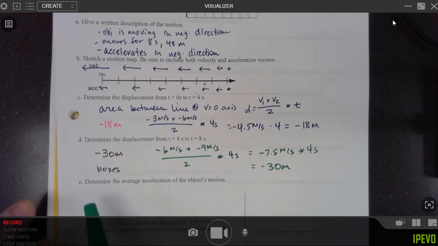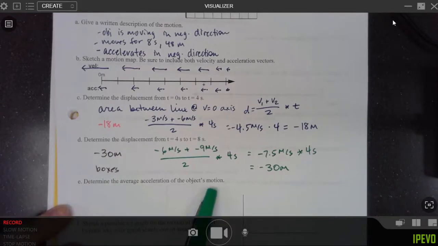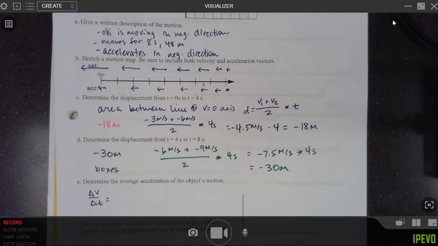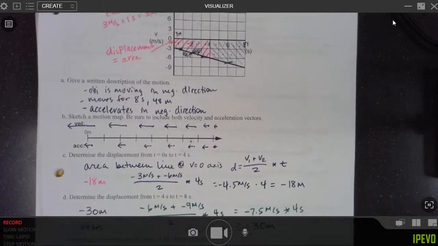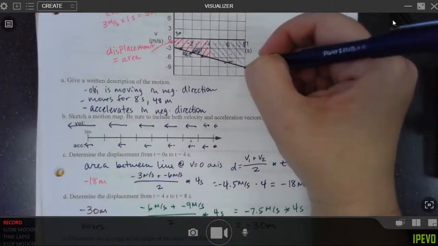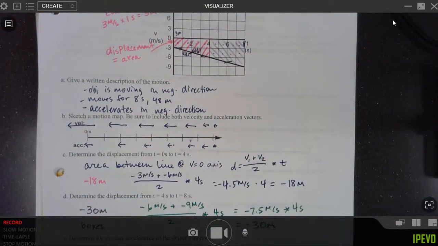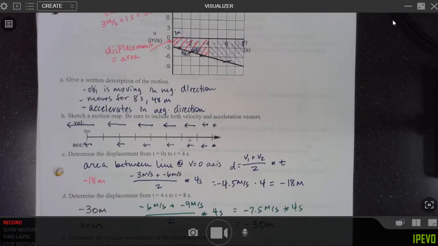All right, determine the average acceleration of the object's motion. To do that, we need to know the change in velocity divided by the change in time. And we've got a perfect graph for that because we can see that at the end of our motion, we're at -9 meters per second. At the beginning, we're at -3. So we're going to take our final, -9, minus our initial, -3.